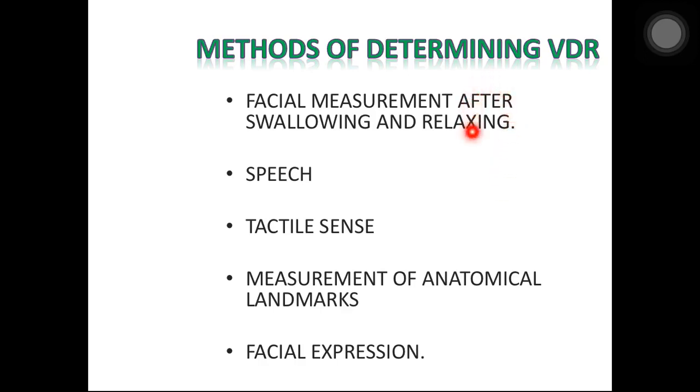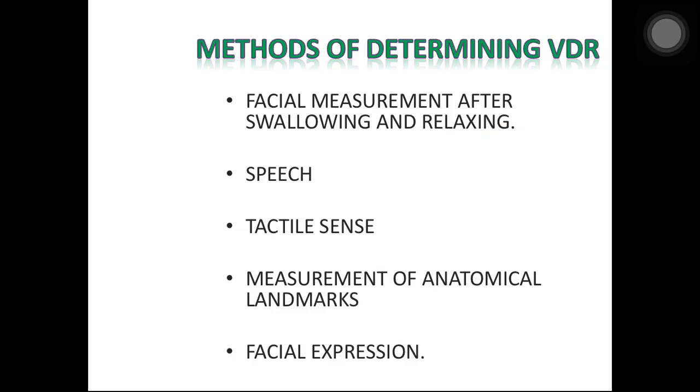This is called the physiological rest position, and at that position, the vertical measurements are taken, and then they are correlated clinically. Second one is the speech, third one is the tactile sensations, then the measurement of anatomical landmarks, and then the facial expressions or the aesthetics of the patient.